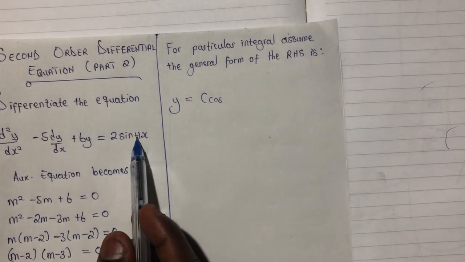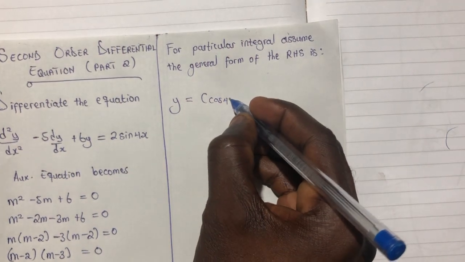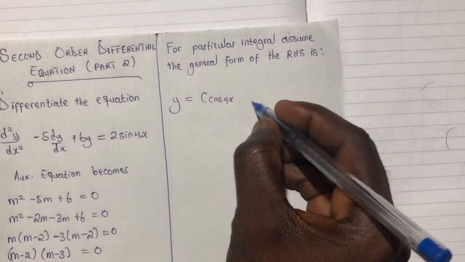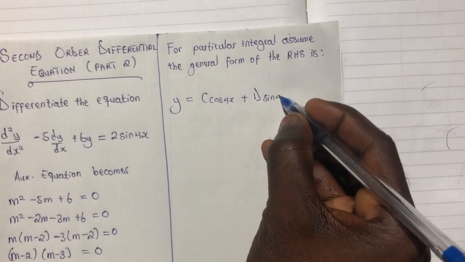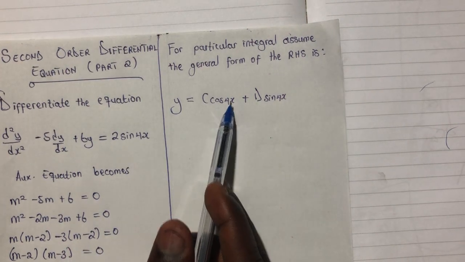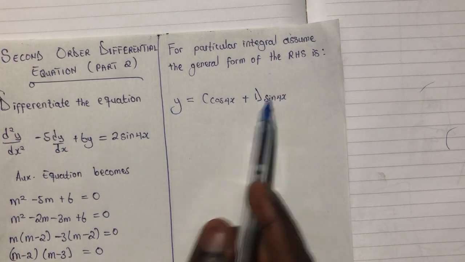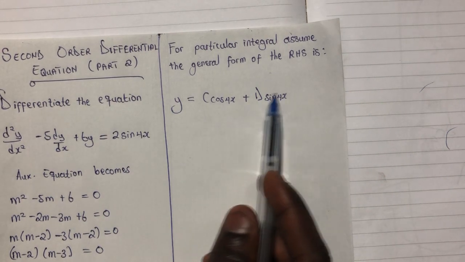Now there is 4 here, so you also write the same, c cos 4x plus d sine 4x. So whatever number is here, that is what you repeat here. The same number is what you repeat. But for the constant k, you don't put it here.